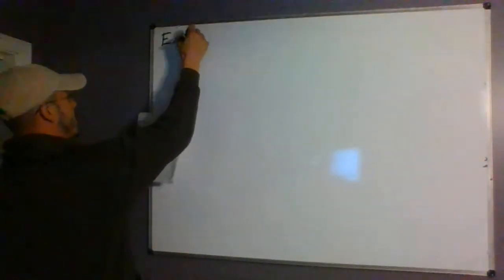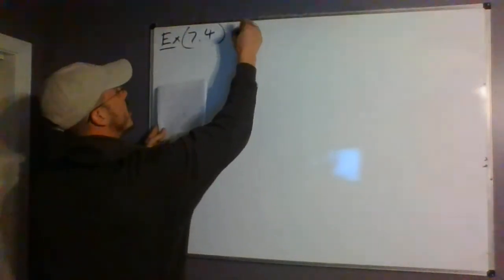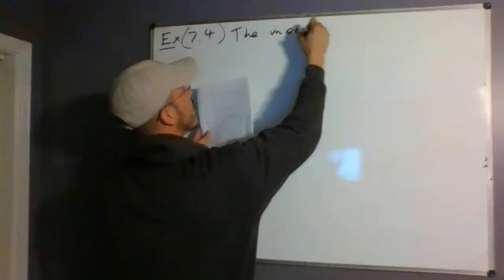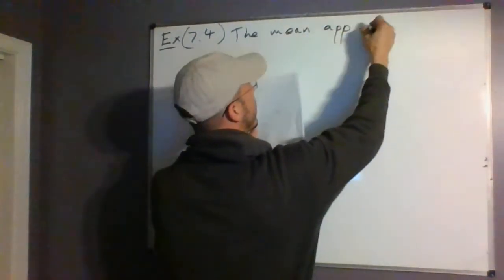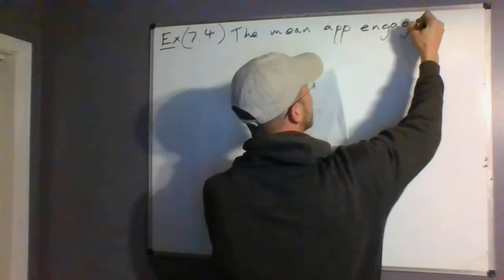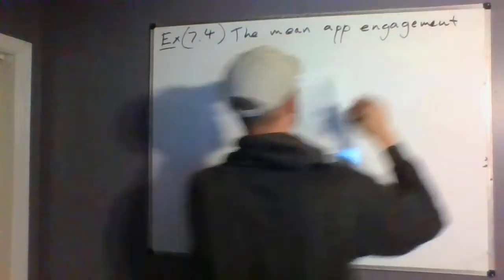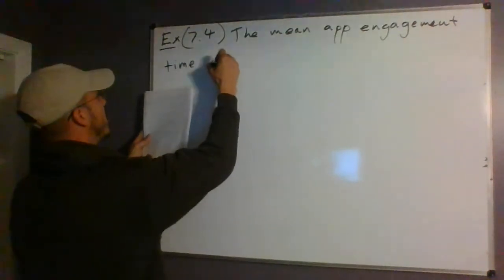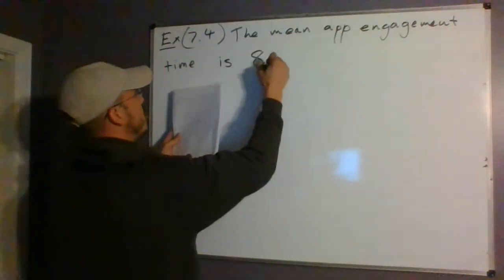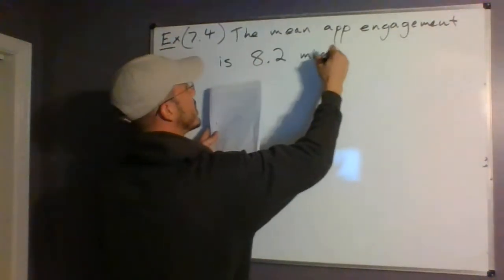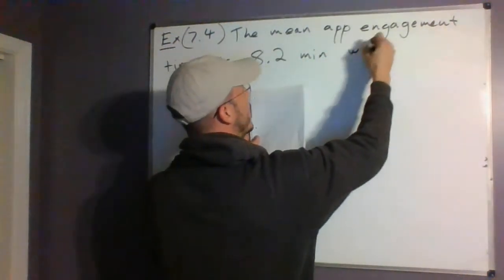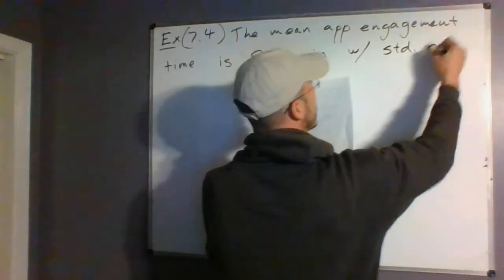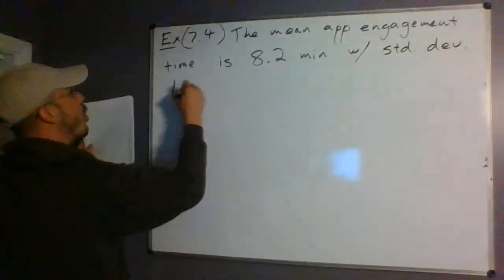So the situation here, for example 7.4, is the mean app engagement time is 8.2 minutes with standard deviation 1 minute.